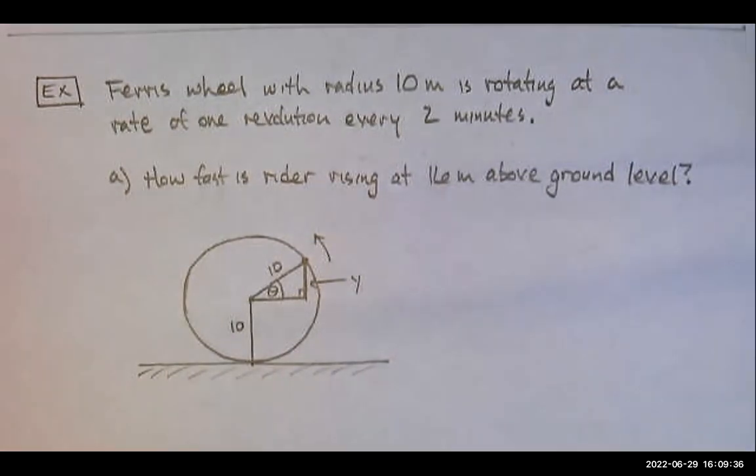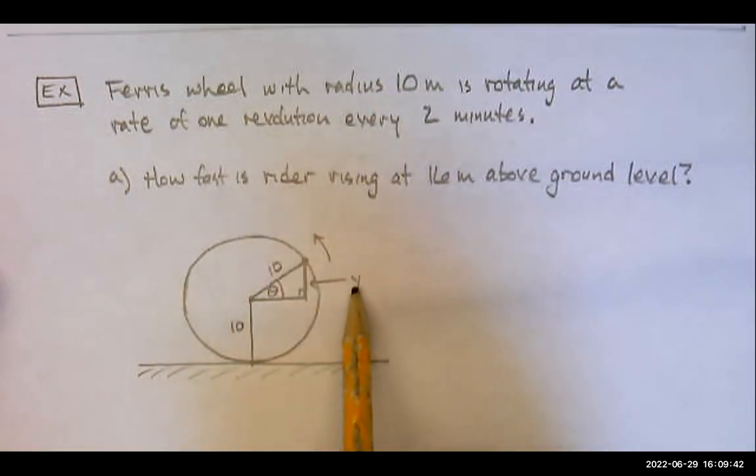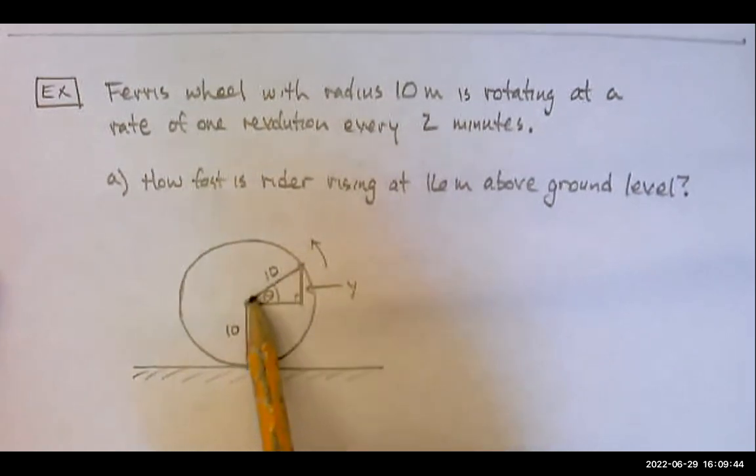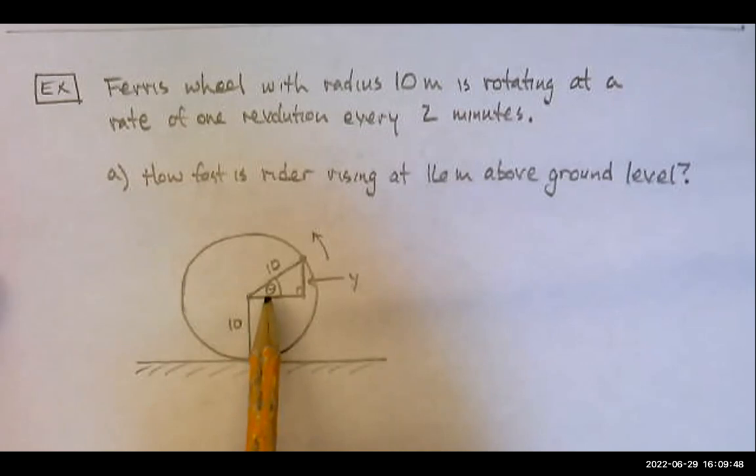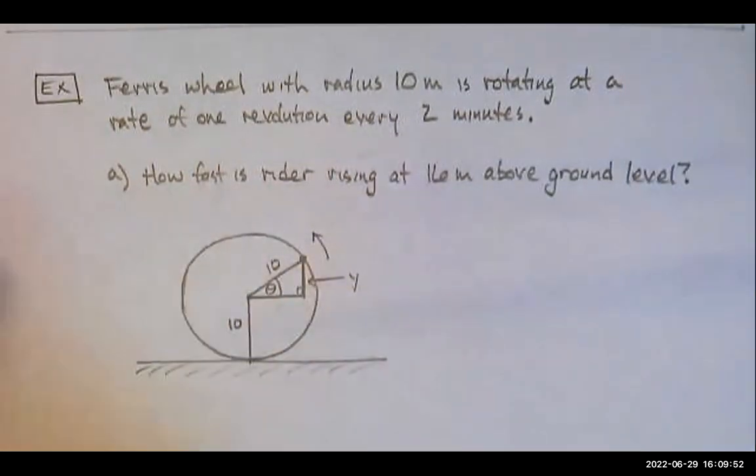From this drawing, we can set up an equation. We can connect theta with y. We also know that hypotenuse there is 10. Let's use a trig function. Which trig function would connect theta, y, and the 10? Well, that'd be opposite over hypotenuse.